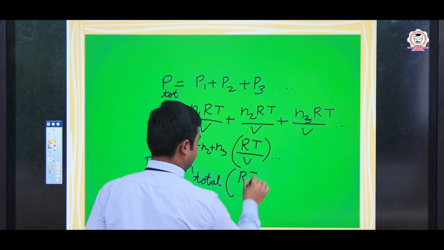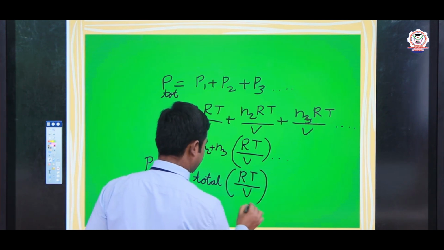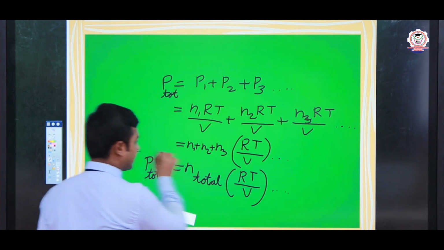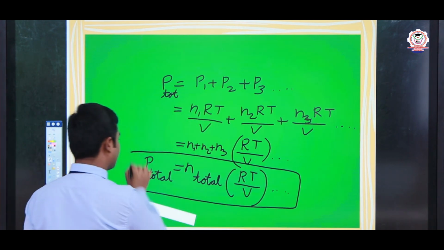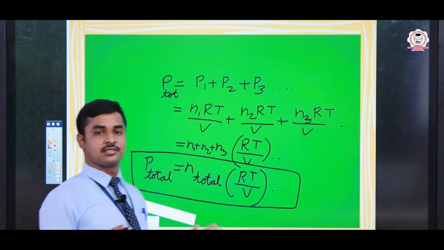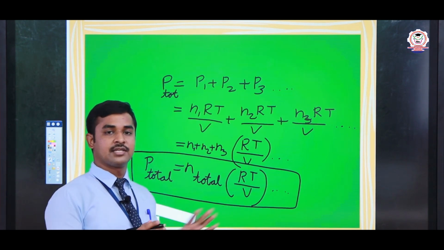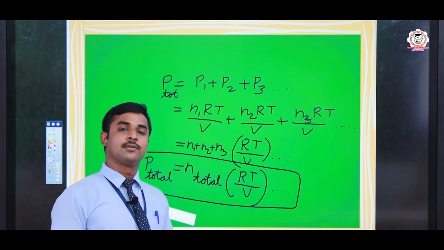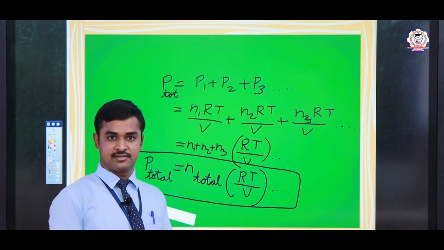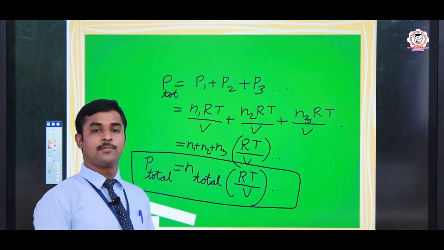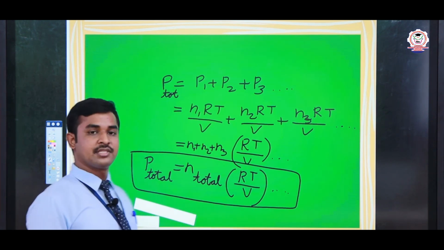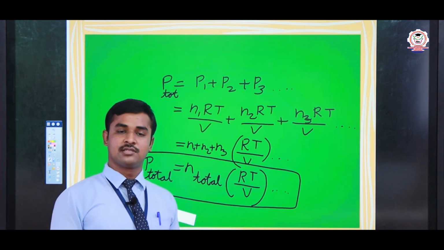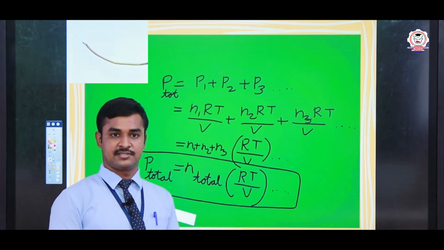And then RT divided by V is the final term. This final equation is a simplified form of all the pressures added together to find the final pressure. This simplified form will help us find the total pressure of any container. This is Dalton's law of partial pressure. By knowing this, you can apply it to various gaseous production and synthesis in industries.